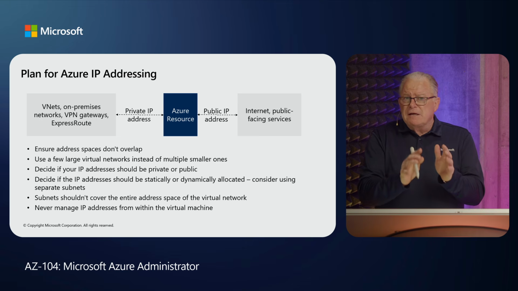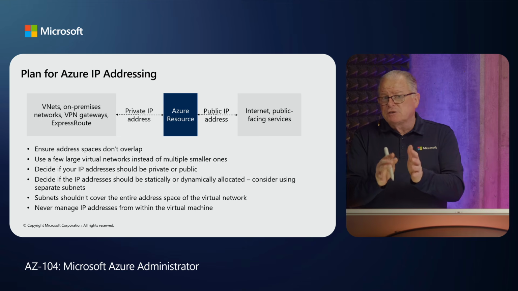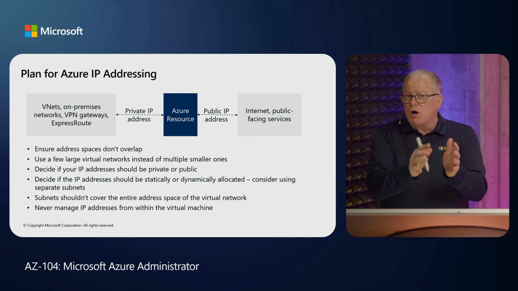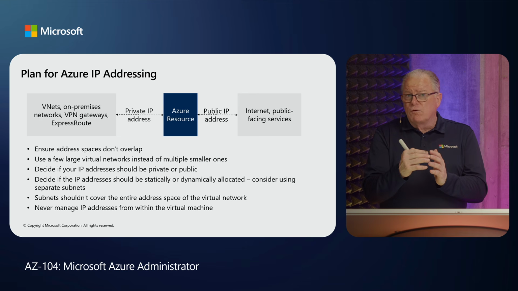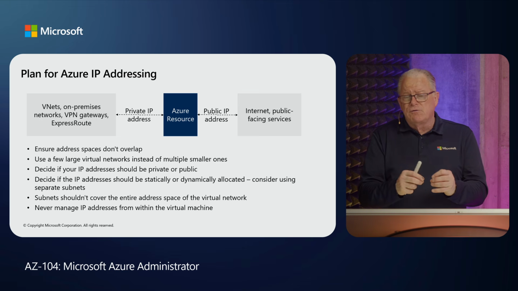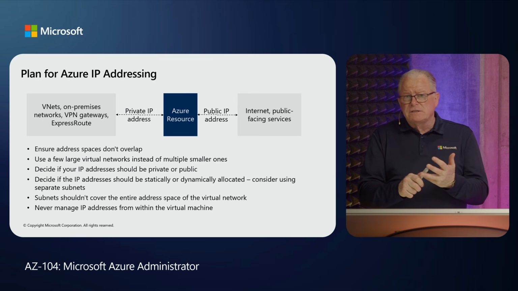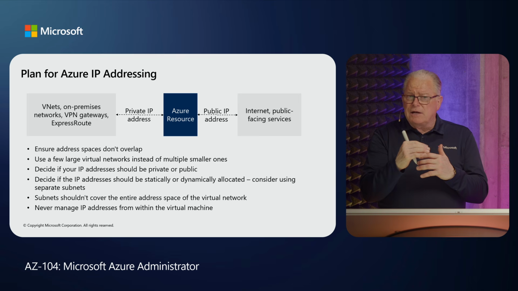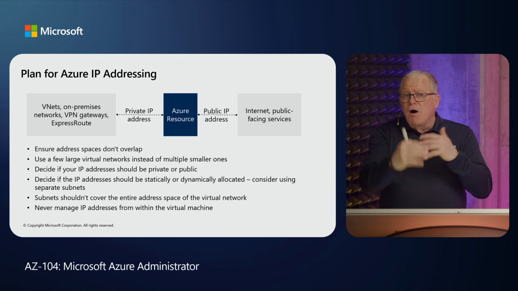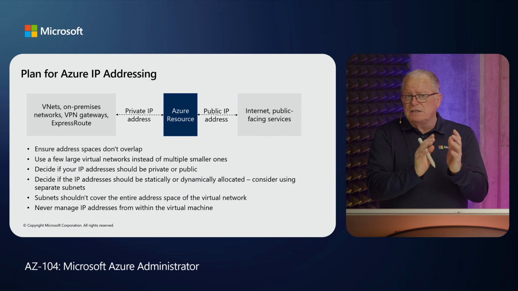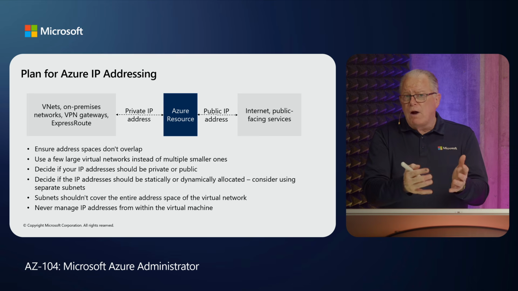It will pick the next available space based on other address spaces that have already been used in that subscription. It doesn't mean that you can't override that. It's just that you have to be aware that by default, it's going to try and pick another available address within the address space, whether it be 10, 172.16, or 192.168. So those 3 private IP ranges, it will monitor within its own allocation, and you can override that if you want.